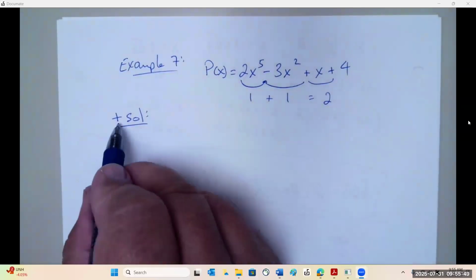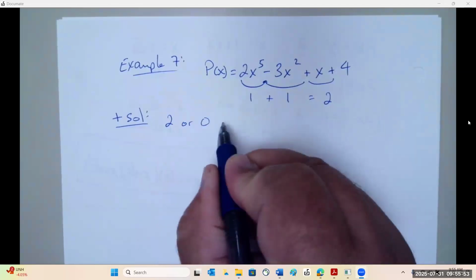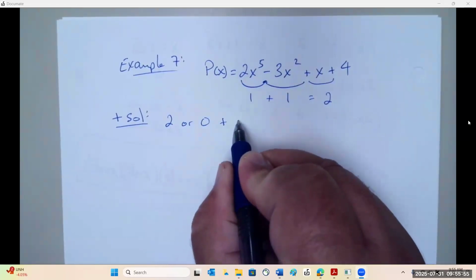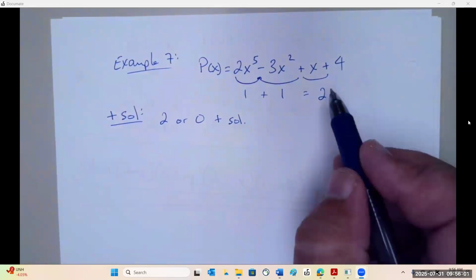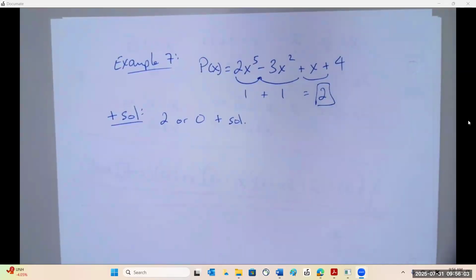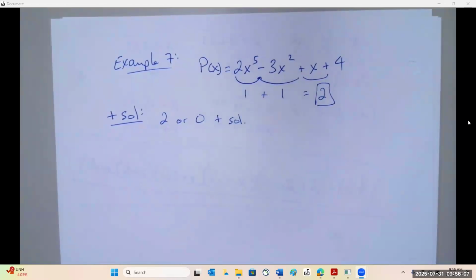This tells us that we're going to have 2 or 0 positive solutions. Now, whenever you get a number of sign changes, you go from there and subtract 2 until you can't go any further. Why do we subtract by 2? Because if one of your answers is imaginary, then there has to be the conjugate pair.